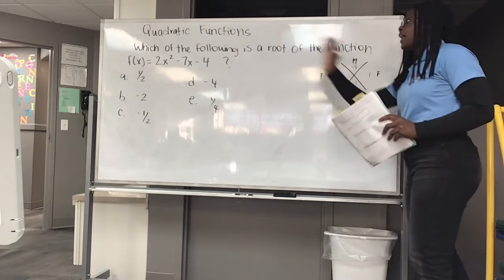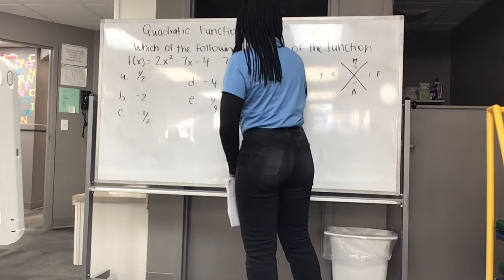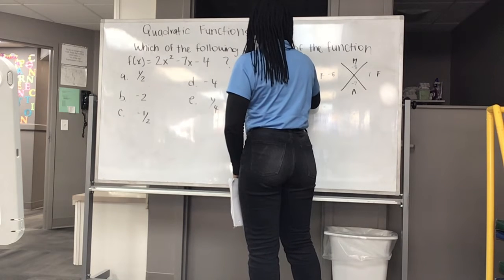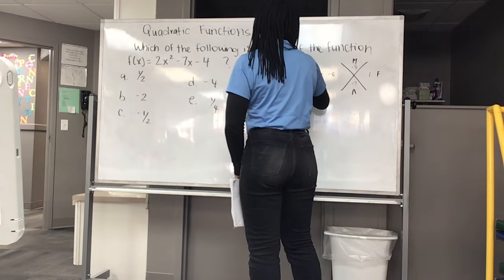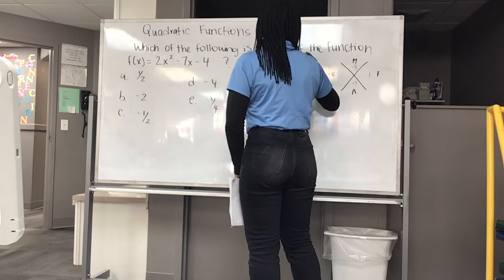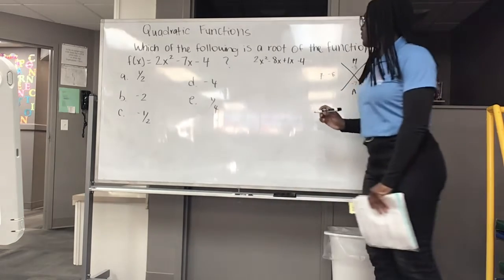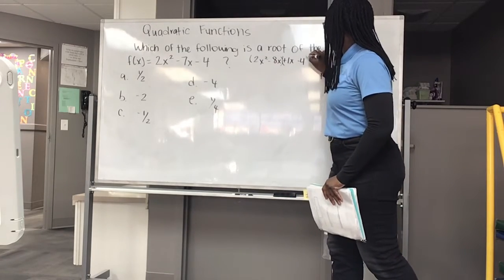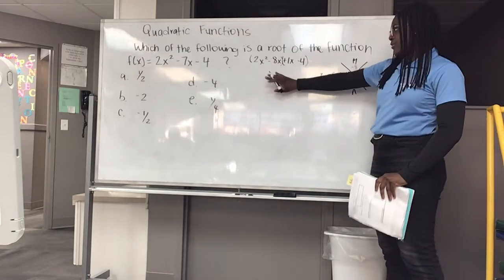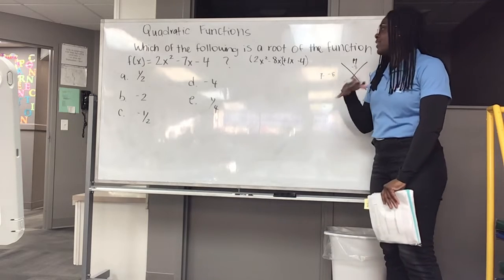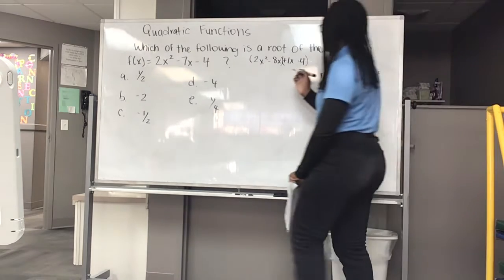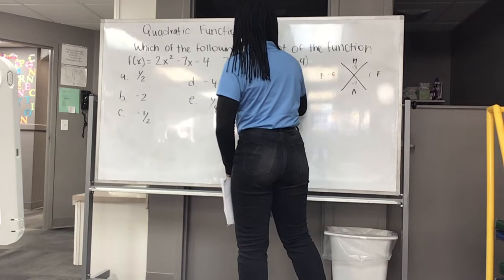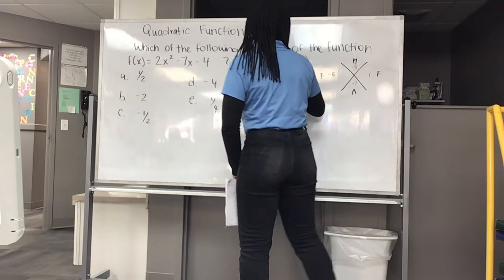So I'm going to rewrite 2x squared minus 8x plus 1x minus 4. And then I'll factor by grouping. Out of my 2x squared minus 8x, I can take out 2x, which leaves me with x minus 4.